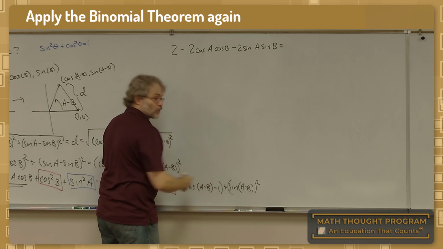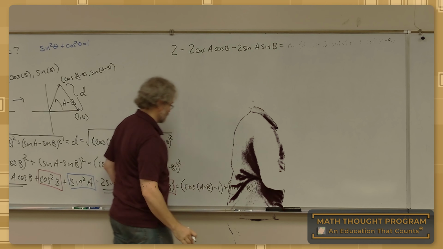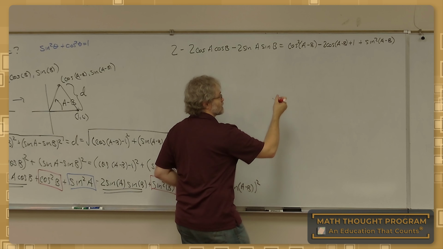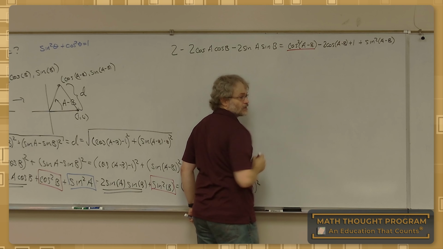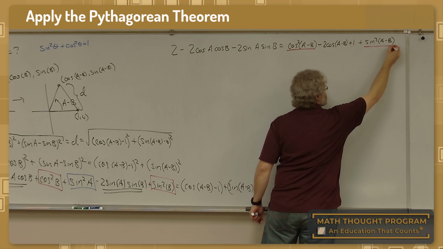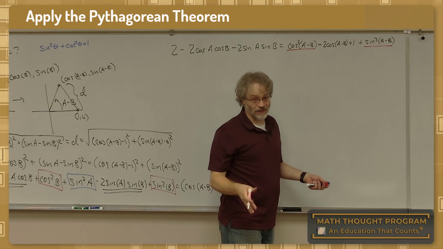Now we have the other side to work with. Apply the binomial theorem again. Well, look at this. I see a cosine squared. I see a sine squared. And I see that they have the exact same angles.